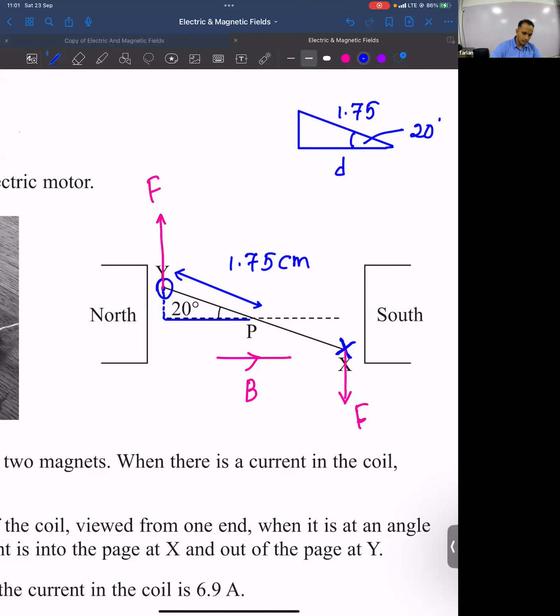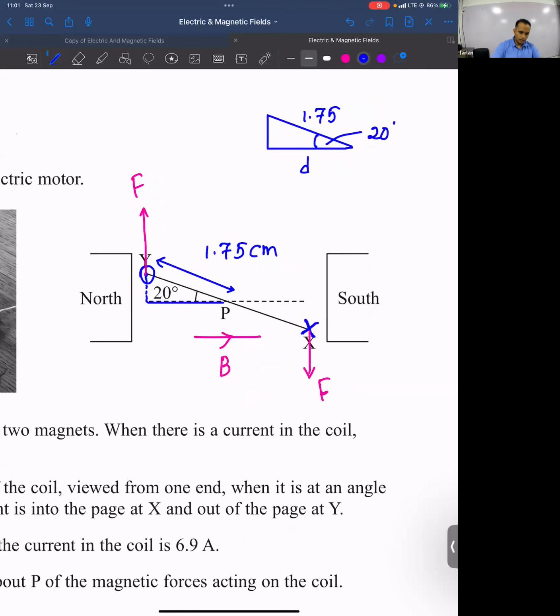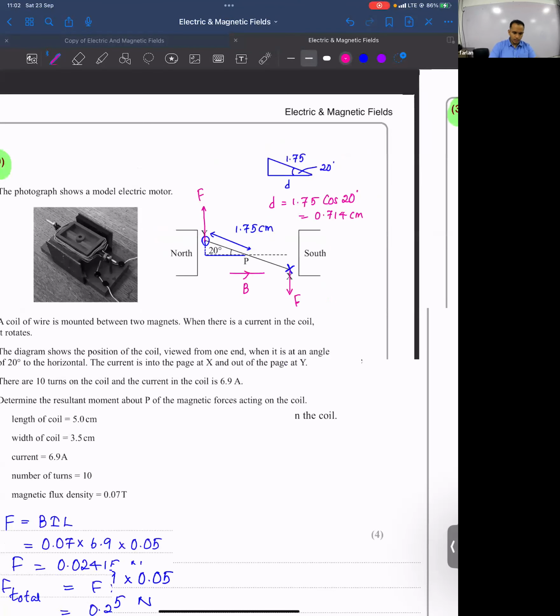If I take it as D, D equals 1.75 cos 20. 1.75 cos 20 will be 0.714. Don't forget that it's in centimeters. Okay. So here is my final answer.